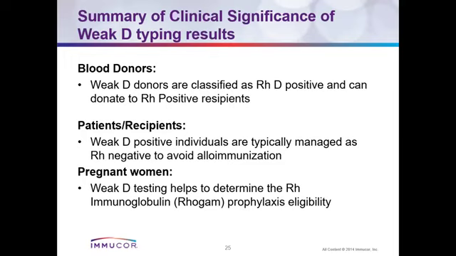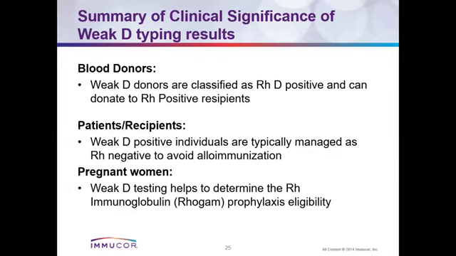Okay, the spelling is R-E-C. Then for the patients you are handling at your facilities, or the recipients who receive this blood, why is it significant to these people? Because weak D positive individuals are typically managed as rhesus negative to avoid alloimmunization.